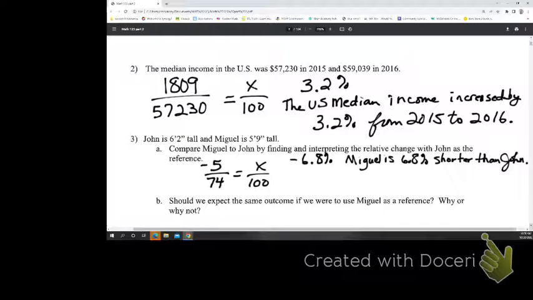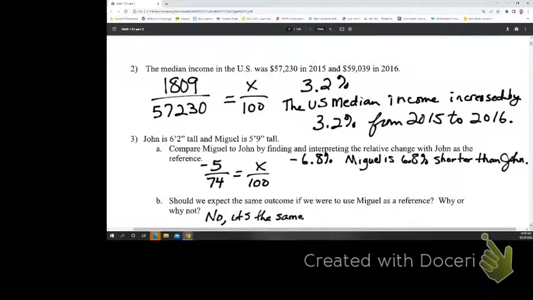So if we use Miguel as a reference, are we going to come out with the same percent? No. Why not? It's going to be positive. But will the percent be the same? It will not be the same. And it's not just about the sign.